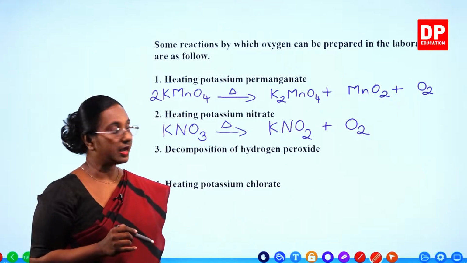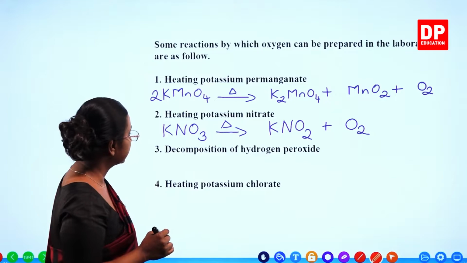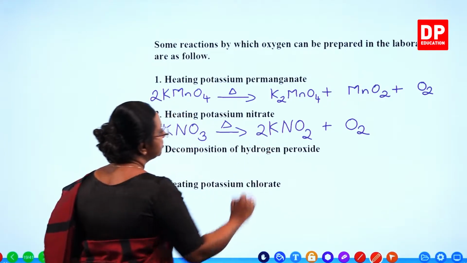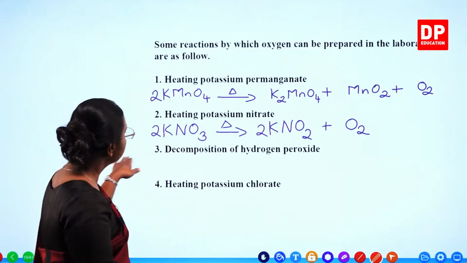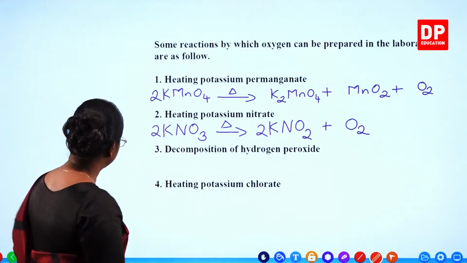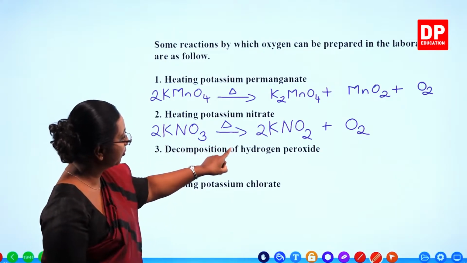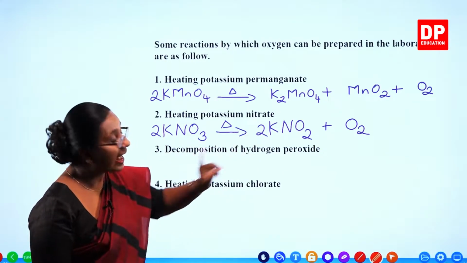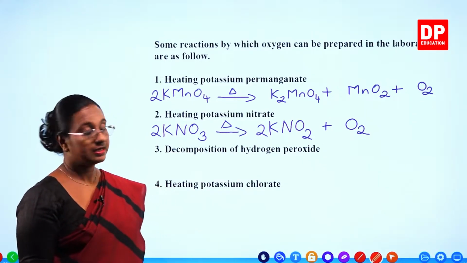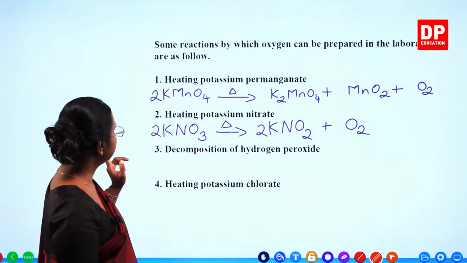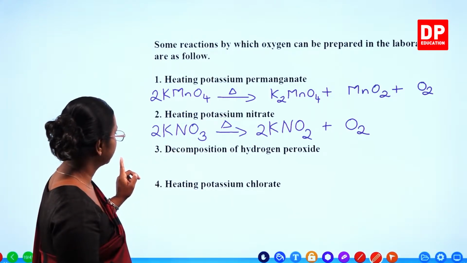KNO2 is potassium nitrite and oxygen gas. Again, to balance it, we need to put a 2 here and a 2 there. That is the balanced chemical equation. So here 2 potassium nitrate giving rise to 2 potassium nitrite and oxygen gas. You have to remember this. And if you check also, you can see these are balanced reactions.